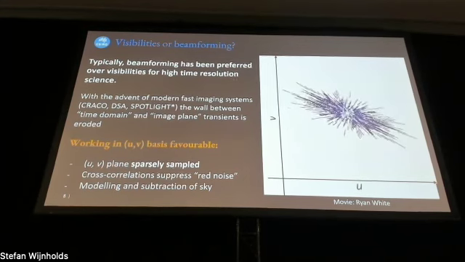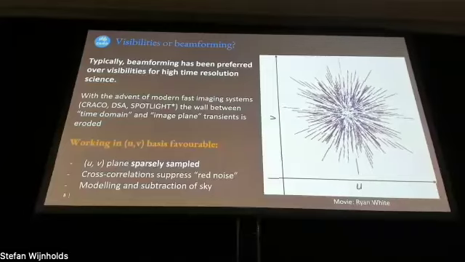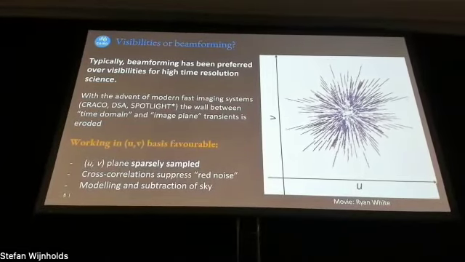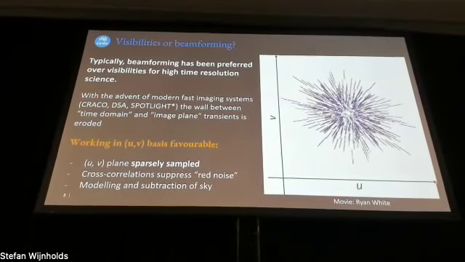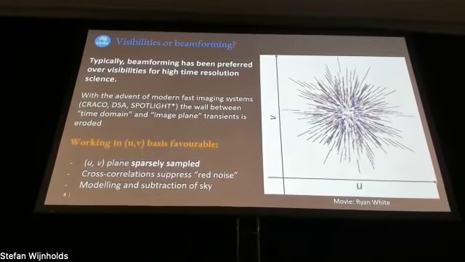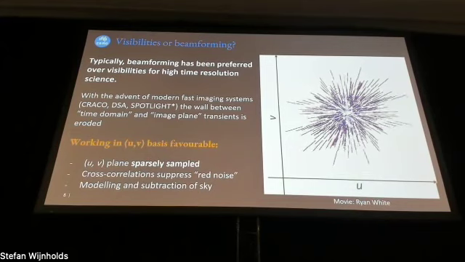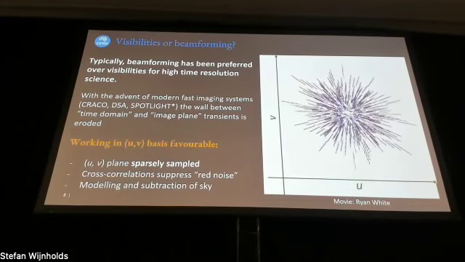And so a single dish telescope gives you a single pixel, or a multi-beam feed might give you a few pixels essentially. And you can basically allow yourself to work at the resolution of what your computing gets you to. So that's really the one main reason that beamforming has often been approached over standard visibility-based approaches for finding periodicities.